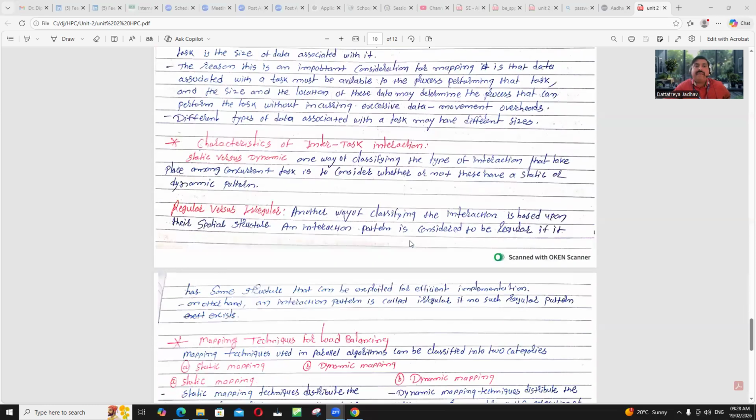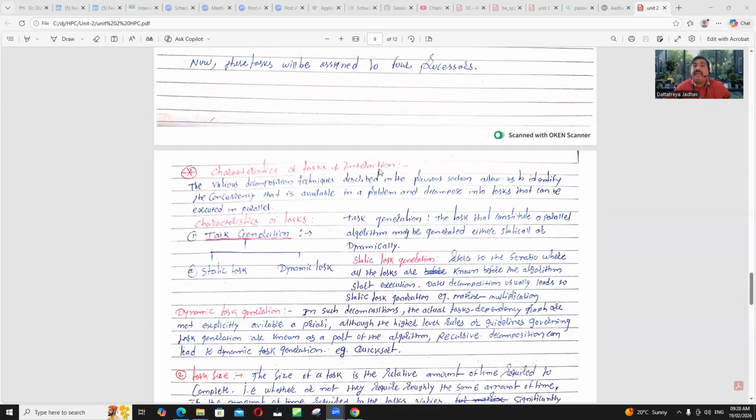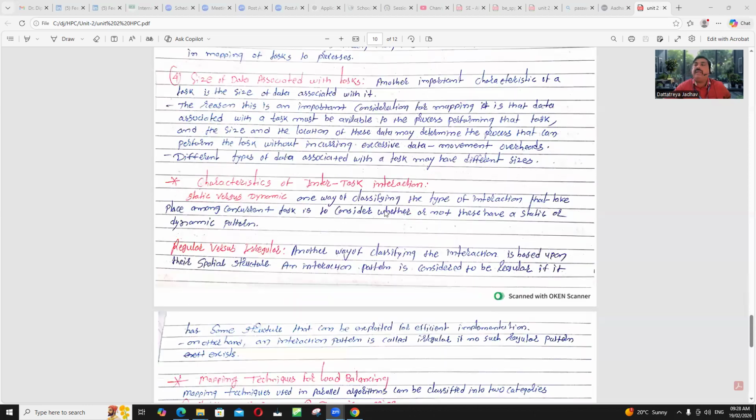Considering those parameters, another is the characteristic of inter-task interaction. It is related with the interaction among tasks. In inter-task interaction, we go with static versus dynamic.